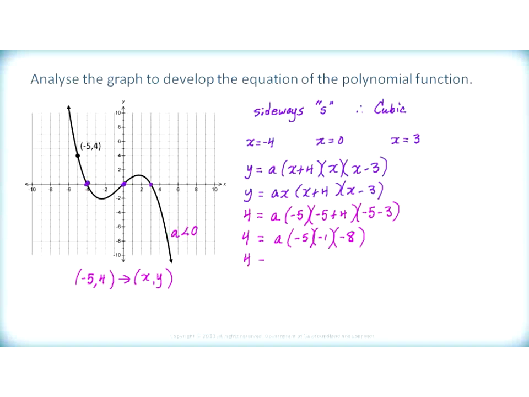So here we have 4 is equal to -40a. Dividing both sides by -40, we have the value of a equal to -1/10. As a result, the equation of this polynomial function in factored form is y equals -1/10 multiplied by x plus 4 times x minus 3.